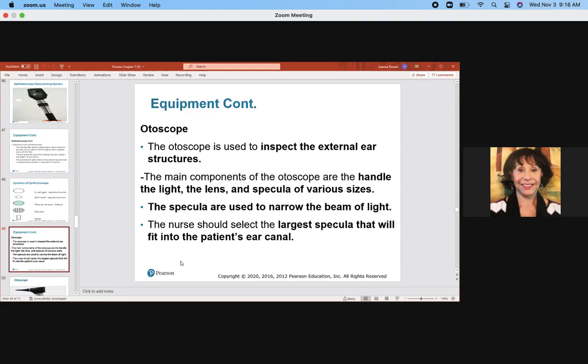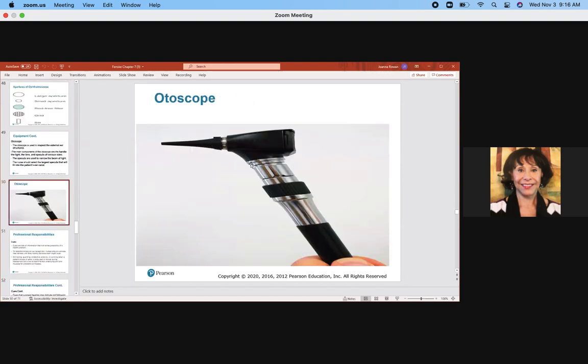We will see the equipment in a minute. The specula are used to narrow the beam of the light. The nurses should select the largest speculum that will fit into the patient's ear. Okay, so here's the otoscope. And the part right at the end, which is the specula, is disposable.